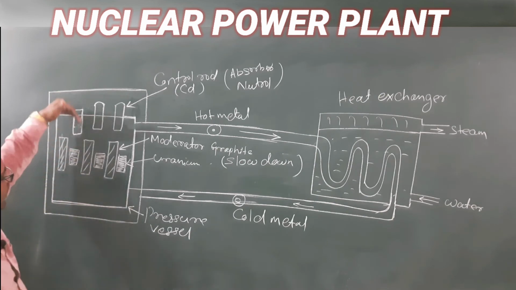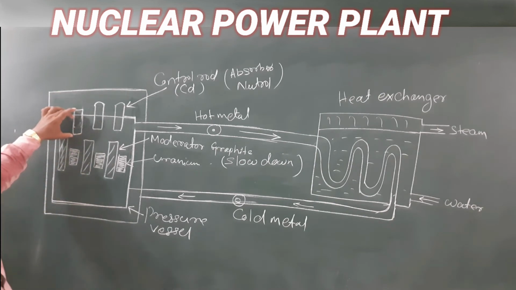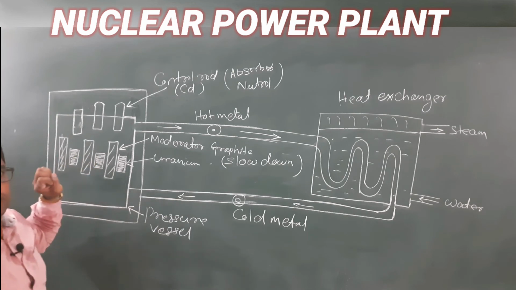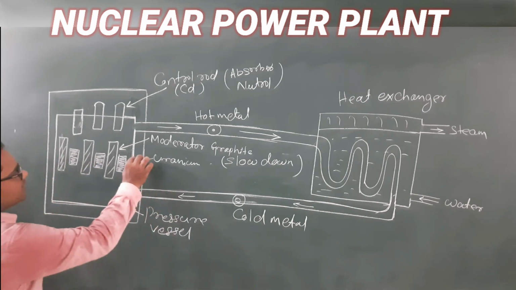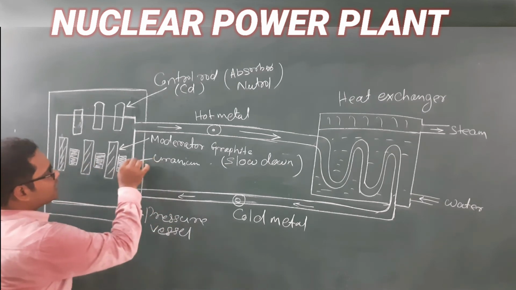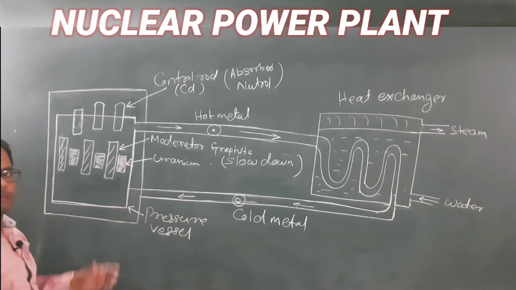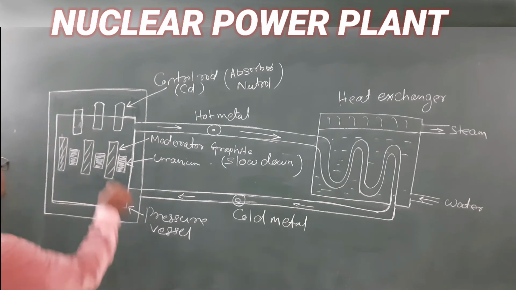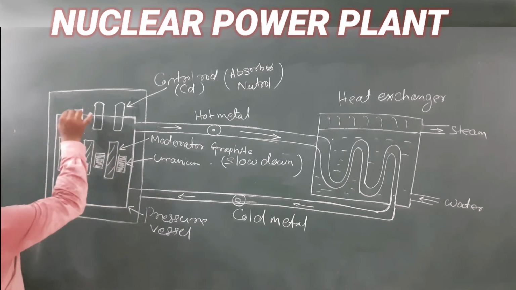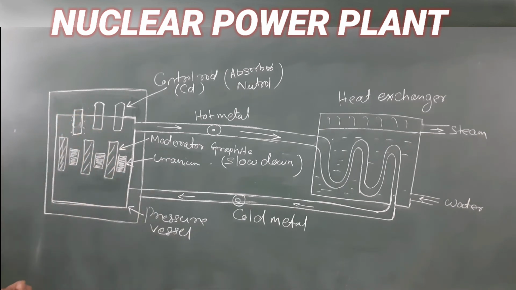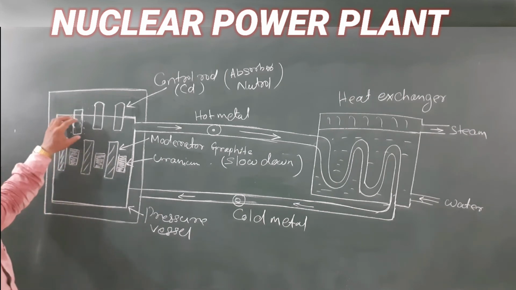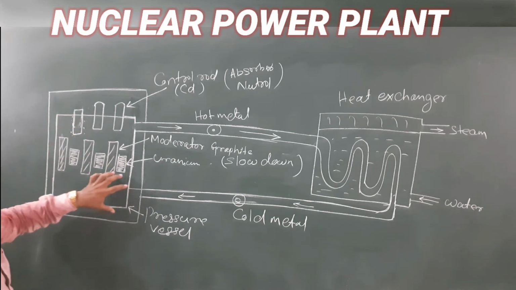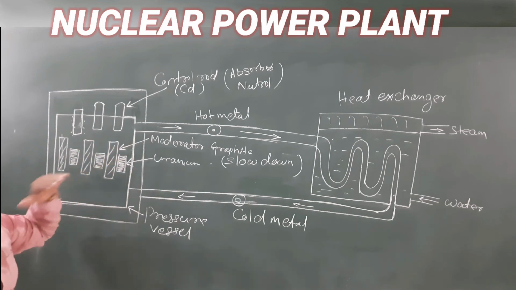So whenever more area is there, it will absorb more neutrons. Whatever is split into a number of neutrons after or during the chain reaction will just be absorbed in that area. In this area, it is getting absorbed.